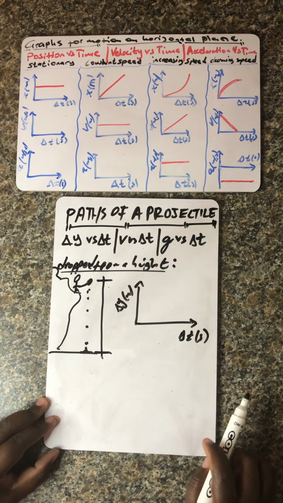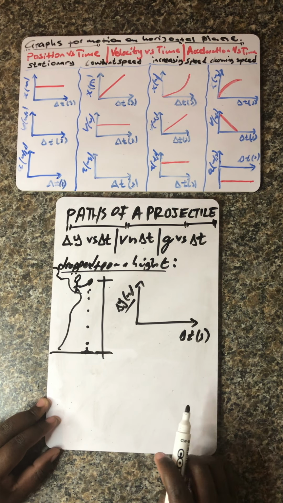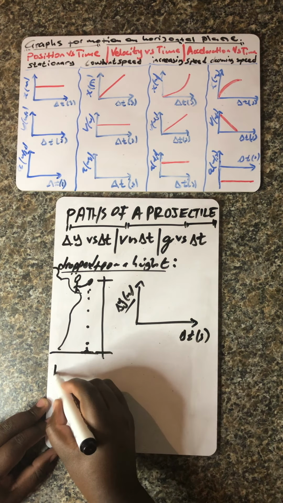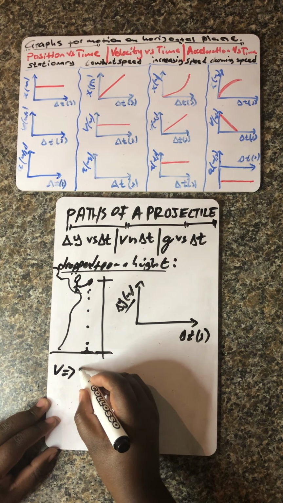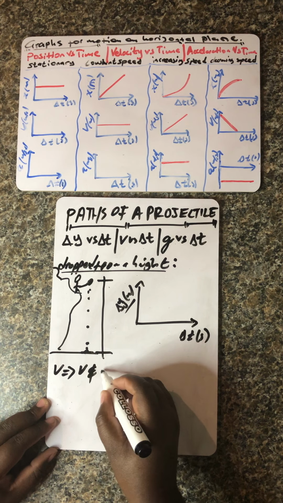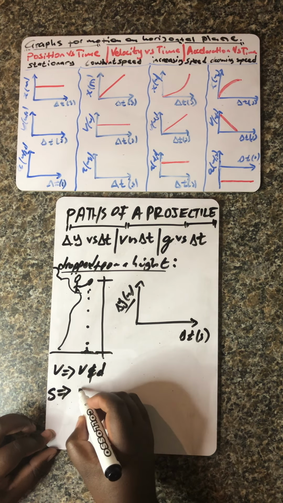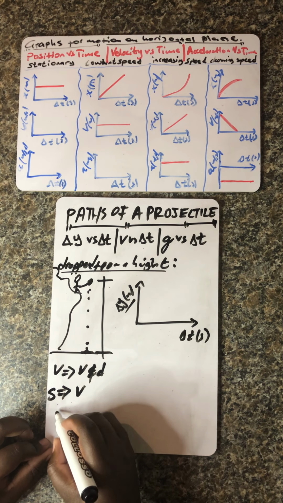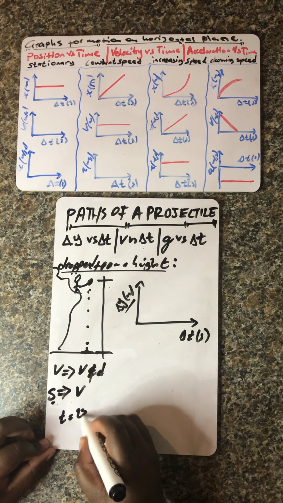Remember guys, in this case delta y is a vector quantity. I hope this won't confuse you guys. A vector quantity is a quantity that has a value and a direction, and then we also have a scalar quantity which has just a value. For example, time is a scalar quantity. It can be just 2 seconds.